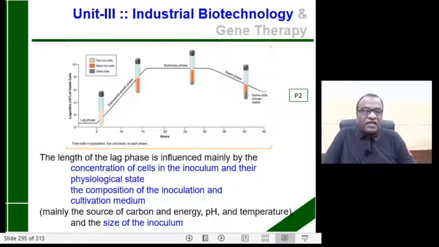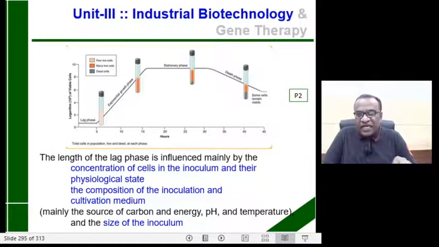Thus, no significant increase in biomass concentration, substrate consumption or product synthesis is observed. So from the fermentation process point of view, it is desirable to shorten this phase as much as possible. We call it the inefficient phase.